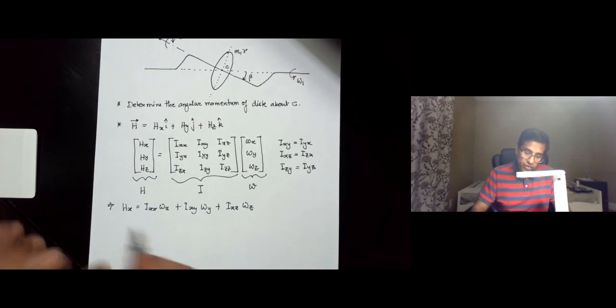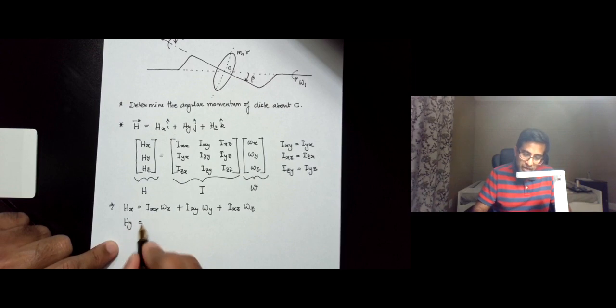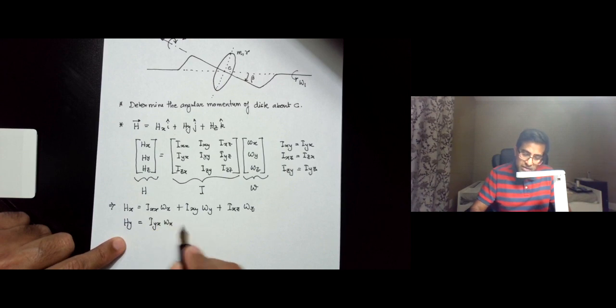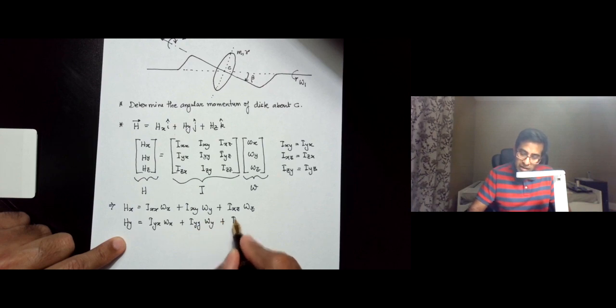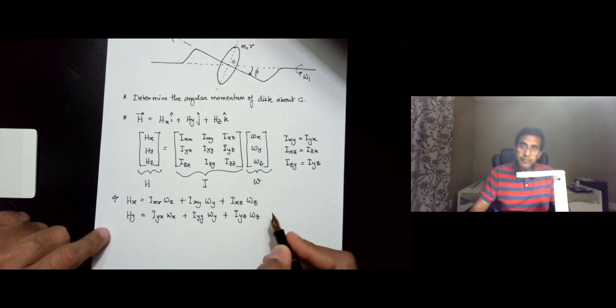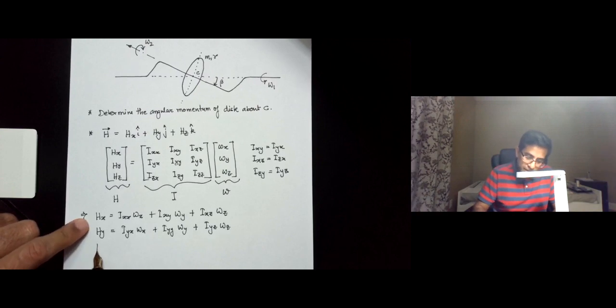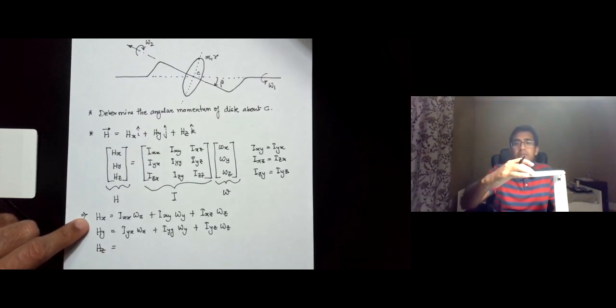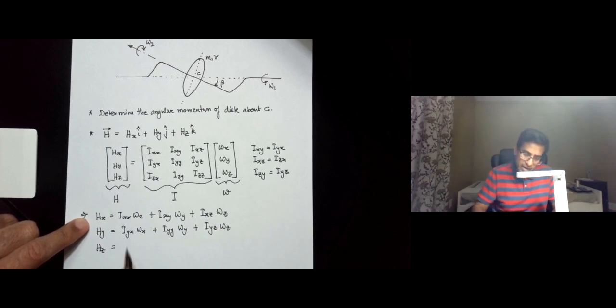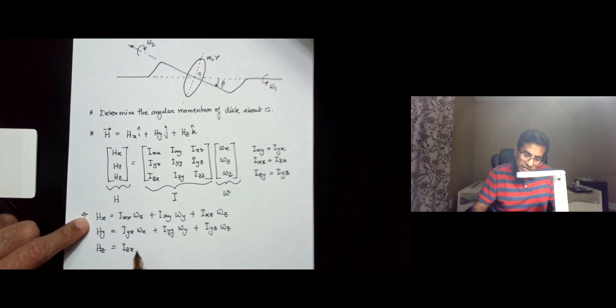So hx takes this form, hy is similarly Iyx omega x plus Iyy omega y plus Iyz omega z, and similarly hz is equal to Izx omega x plus Izy omega y plus Izz omega z.